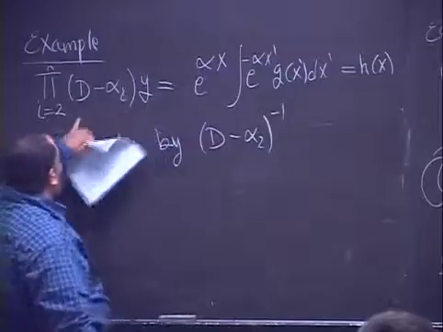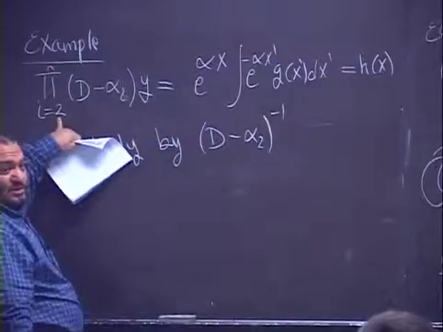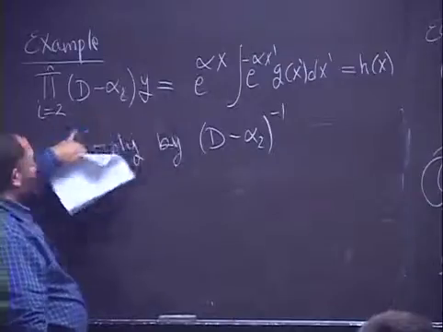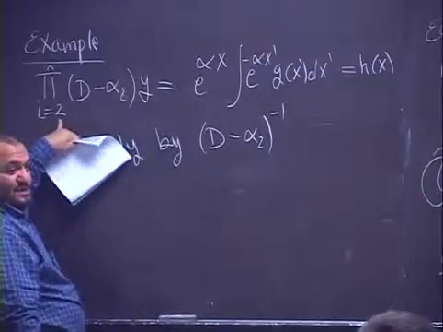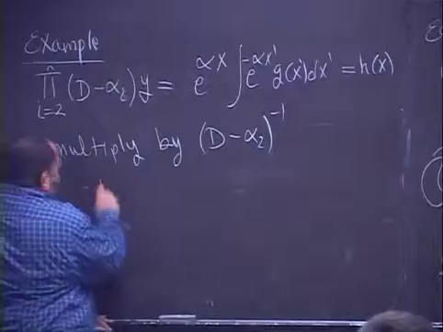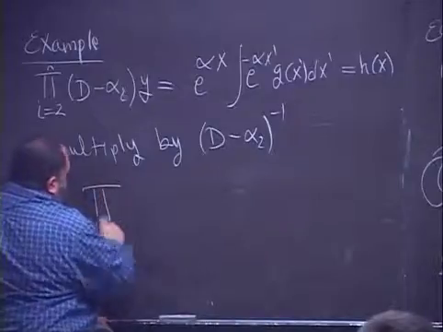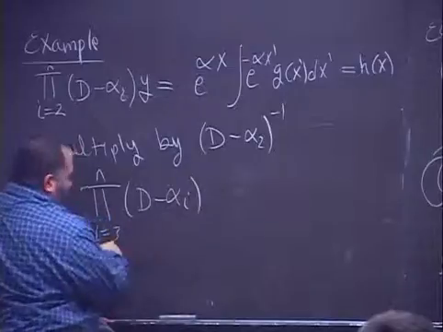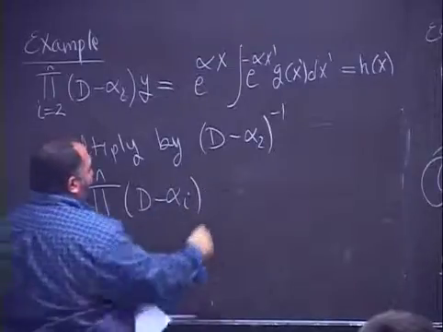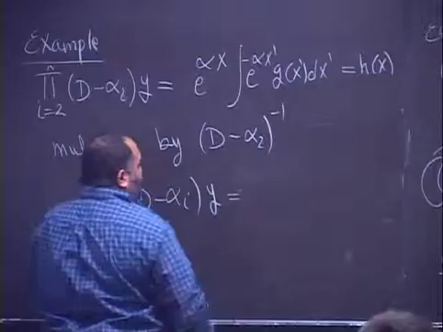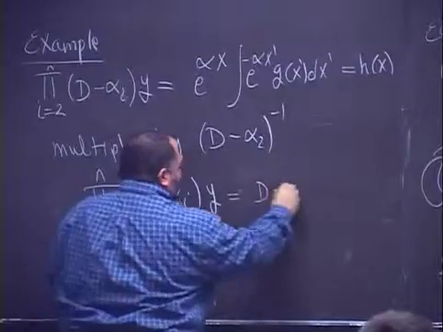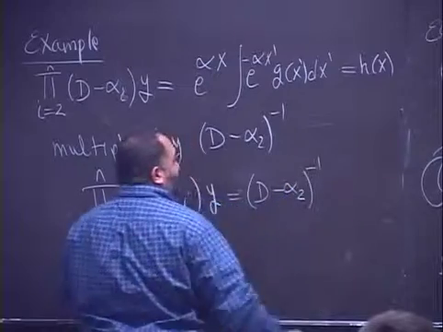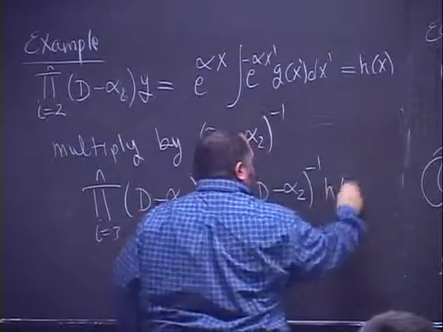It will take off D minus alpha 2. So this will run from i equal to 3 to n. So the product from i equal to 3 up to n of (D minus alpha i) operated over y will be equal to (D minus alpha 2) to the power of minus 1 operated over h of x.